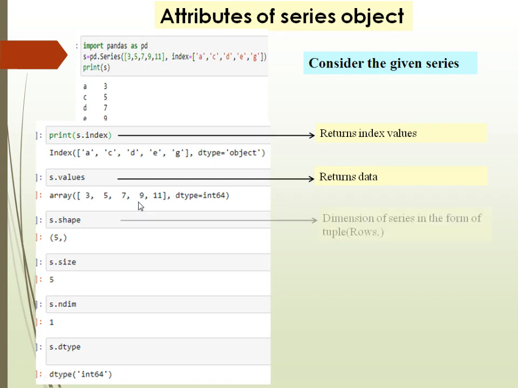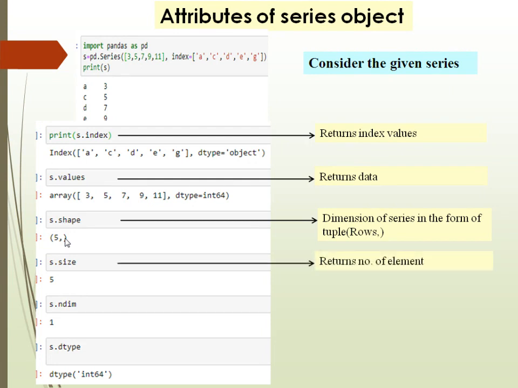Next attribute is shape. Shape will tell you the dimension of the series in the form of a tuple. So in the form of a tuple, it tells me the dimension of the series is 5, meaning there are 5 elements present in the series. The size is going to tell you the number of elements, of course.